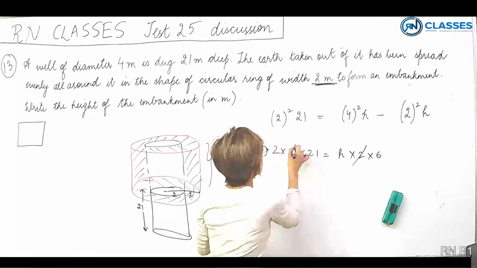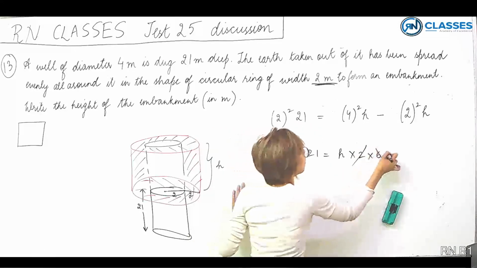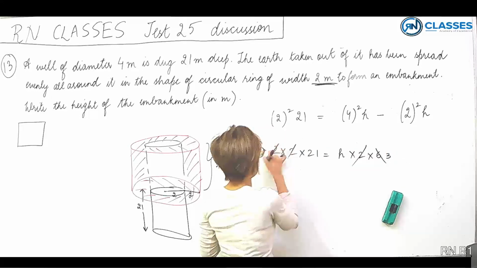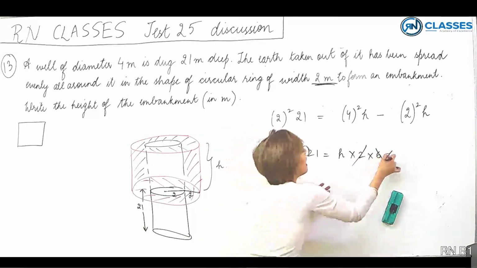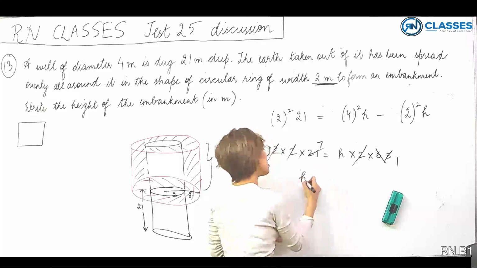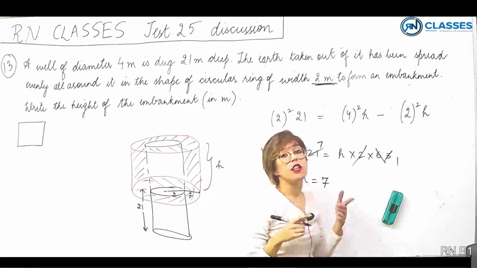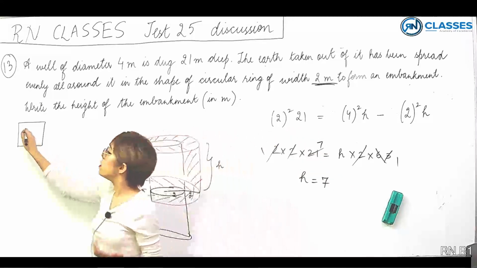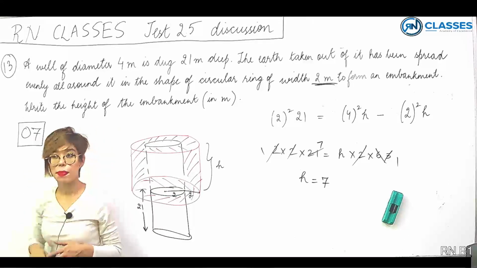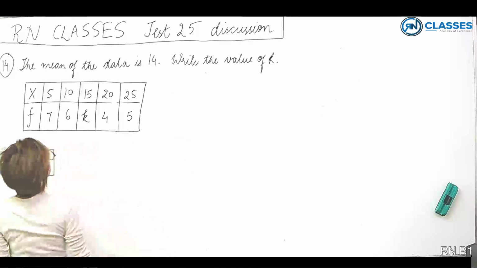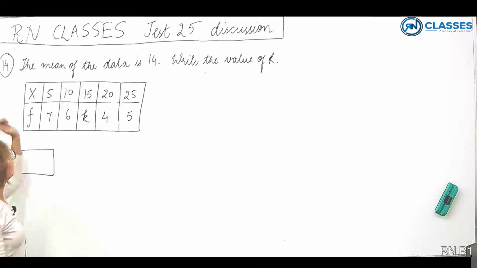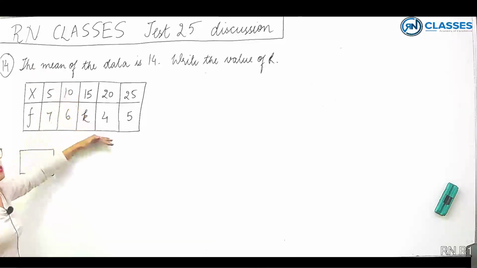Right? So, 2 gets cancelled. This is 3 and this is 7. That's it. So, h turns out to be 7 and you have to write the answer as 0.7 meter. Right. Alright. So, the next one. Now, the mean of the data is given to us.